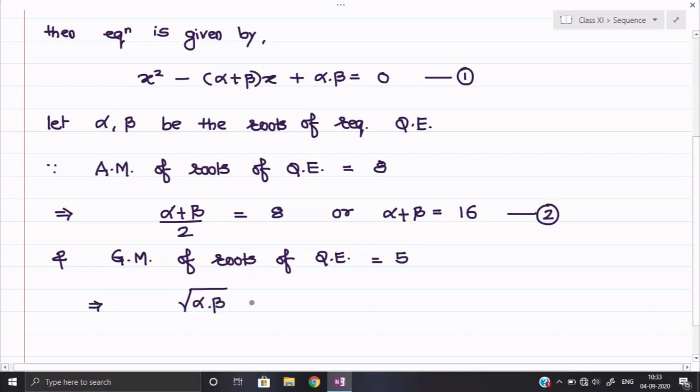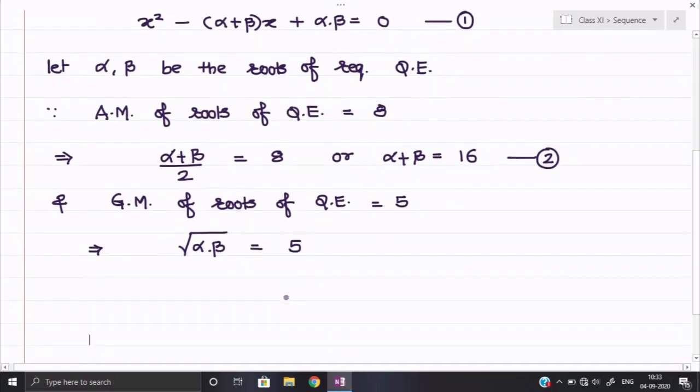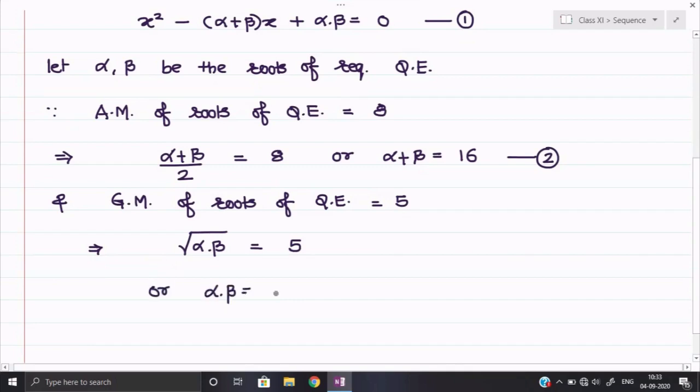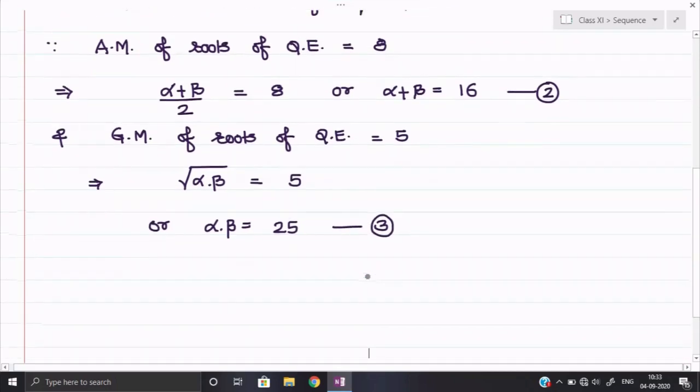I have shown you that in the previous question also. So the square root of alpha into beta is equal to 5. If we square both sides, we can say that alpha into beta will be equal to 25. Equation number 3. Now from the second and third equations we can put the values in the first equation.